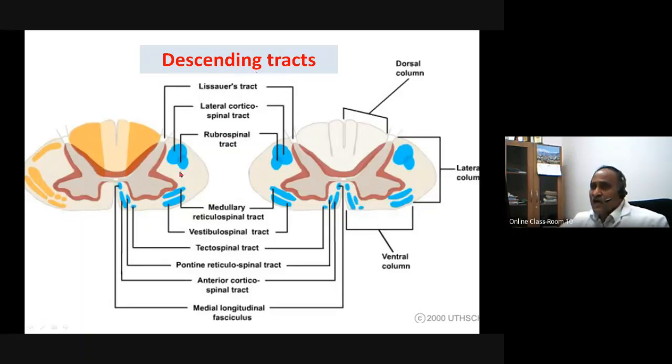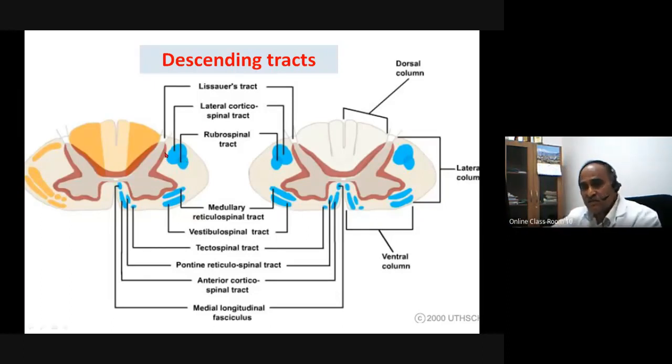Then we have the lateral corticospinal tract. Whatever comes from the cerebral cortex, we get information to the spinal motor neurons. This comes here in the lateral corticospinal tract, and because it starts on the other side of the brain, it comes to the medulla, crosses here and reaches.